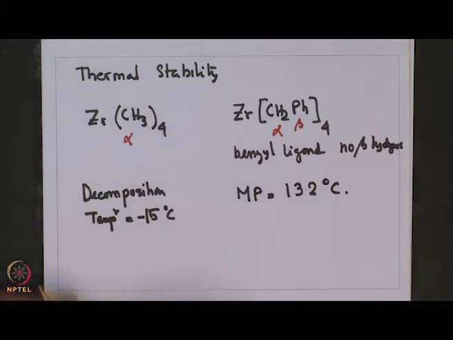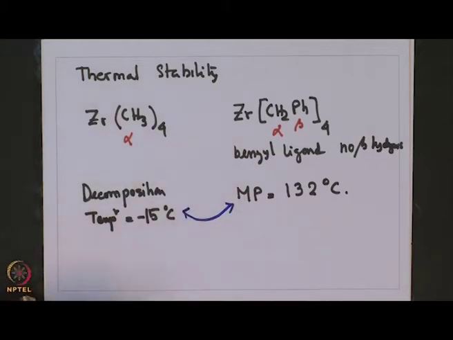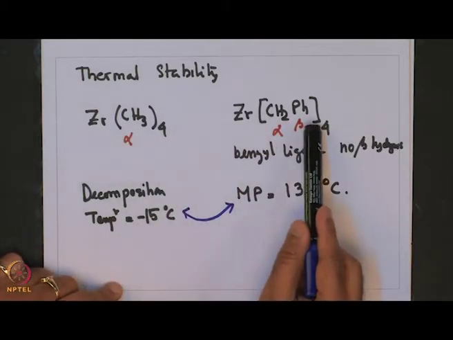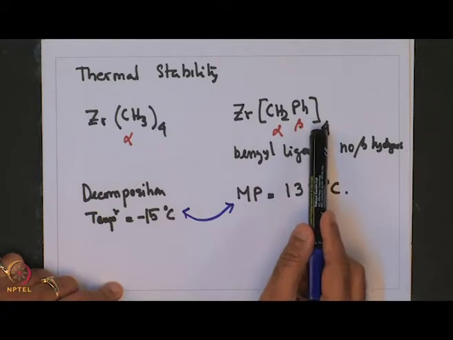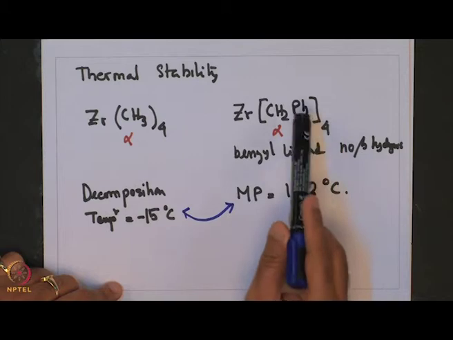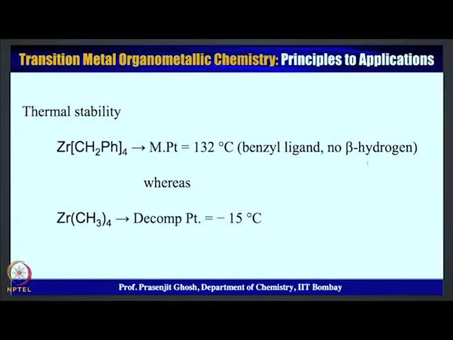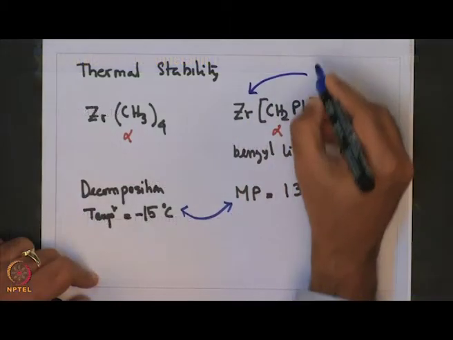So, there is a tremendous increase in stability, despite the fact that both compounds do not have beta hydrogen, and there is a significant increase in stability for the tetrabenzyl. This is also explained by what we are discussing as part of the third strategy, that the central metal atom is coordinatively saturated.